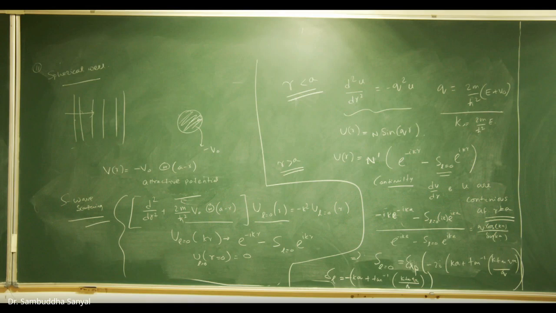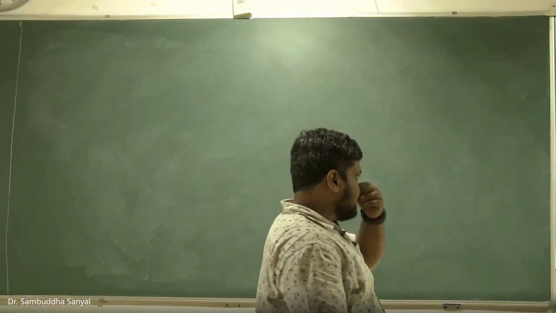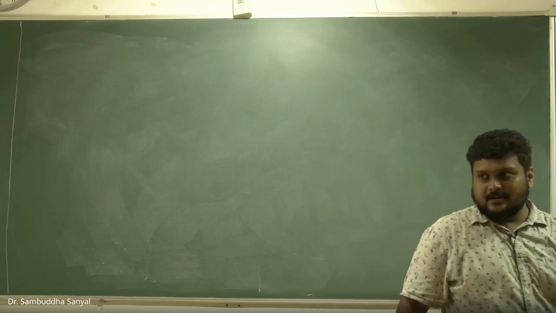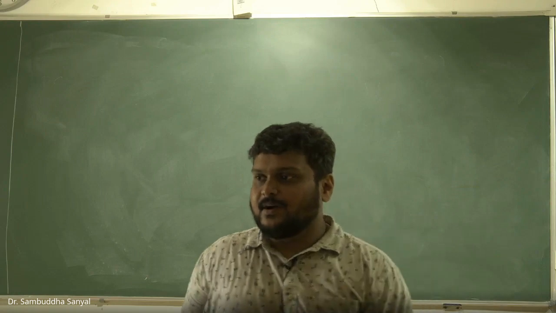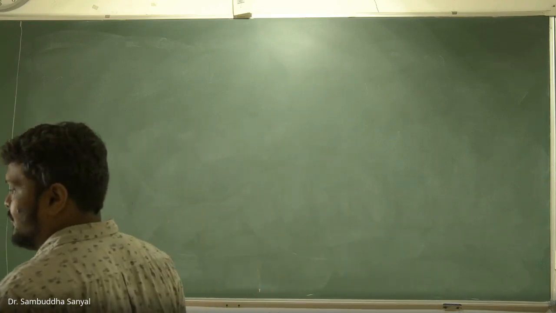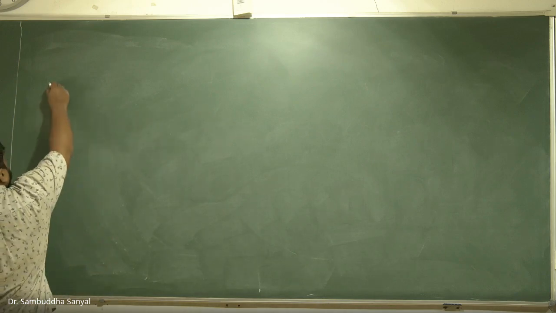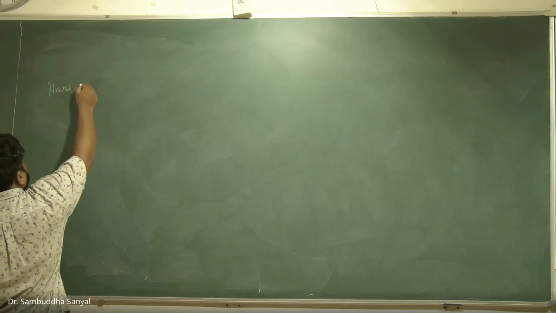So if someone asks you, for example, to calculate the S wave scattering cross section or phase shift, then you should do it this way. If you do ask for P wave, then you have to add the L equal to 1 term. This problem I am not going to solve because it is worked out very explicitly in Griffiths.